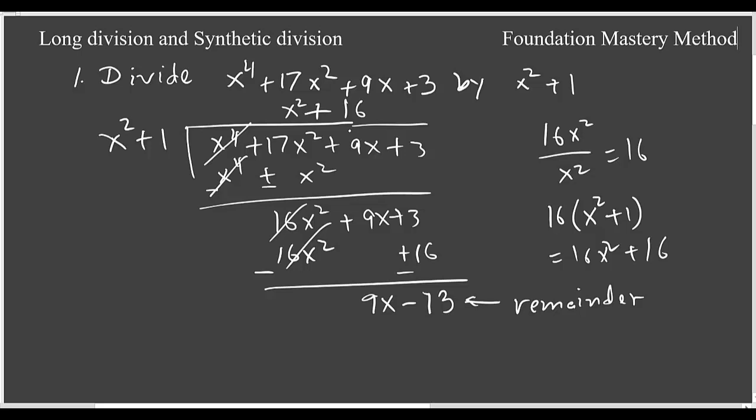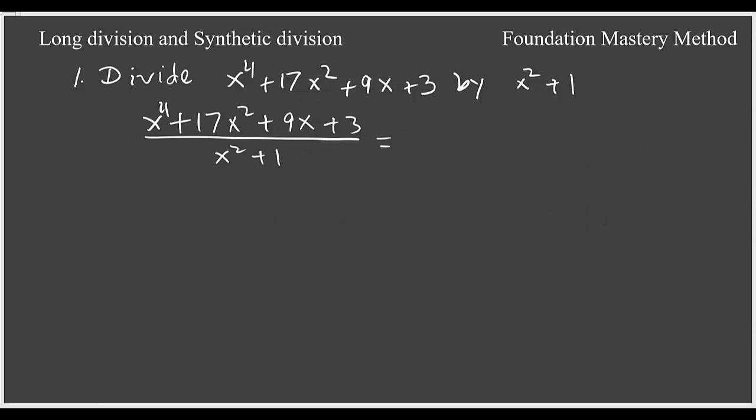And now I want to show you how we write this relation as an identity. So first we write our quotient. We had x squared plus 16 plus our remainder, 9x minus 13, all over x squared plus 1.